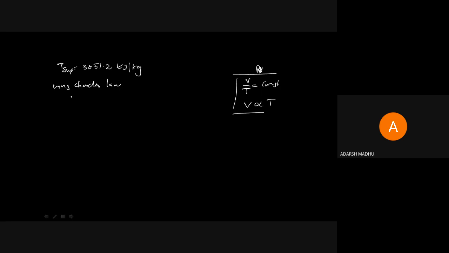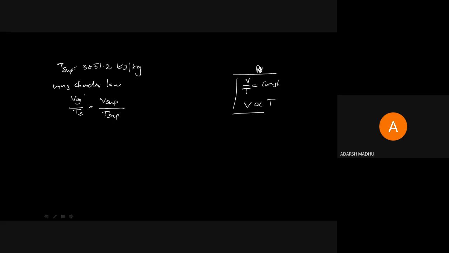The relation is Vg by Ts equal to V superheat by T superheat. Vg means specific volume of gas at the saturation temperature Ts.